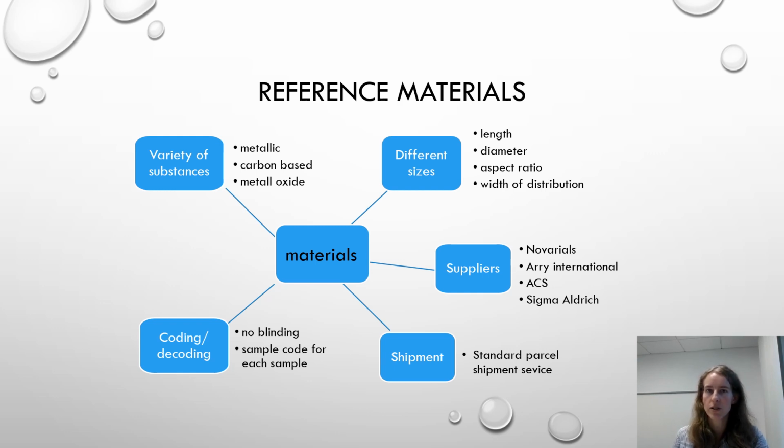Each of the test materials was taken from a single batch, and all materials were commercially available. The shipment was done by standard parcel shipment service, and there was no need for blinding or anything in this study, but of course each sample had a sample code on it.